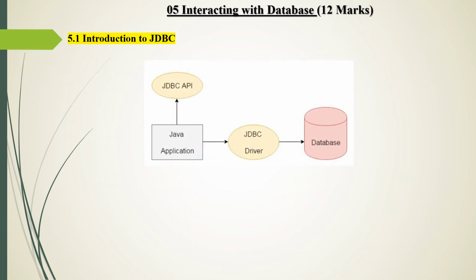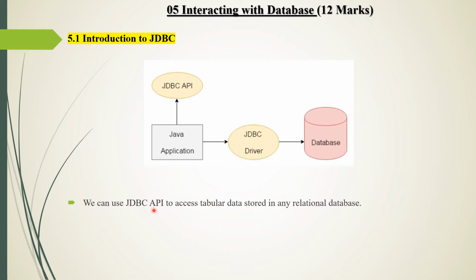Next, the diagram indicates Java API, that is, application interface, Java application, and the Java application uses the JDBC driver to connect with the database. Okay, so simply, we write some query and it is executed by the JDBC driver to get the respective output from the database.